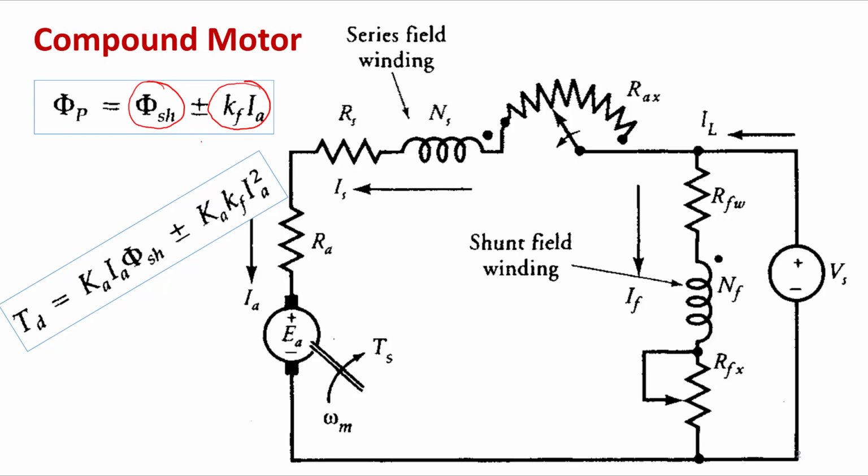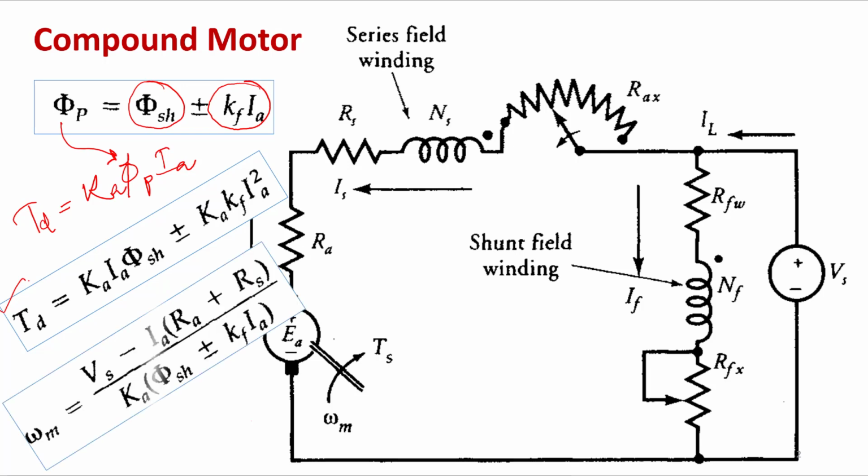Now if we write the torque equation, similar torque equation we know that is TD is equal to Ka phi P Ia. Just substituting phi P in this equation, I will find this equation, right? That is Ka Ia phi SH plus minus Ka Kf Ia square, right?